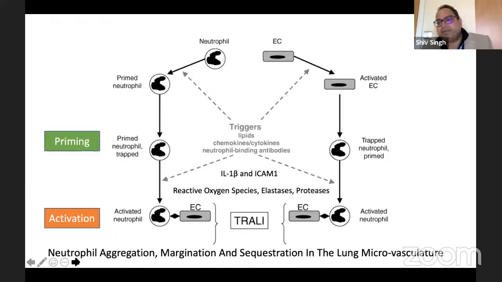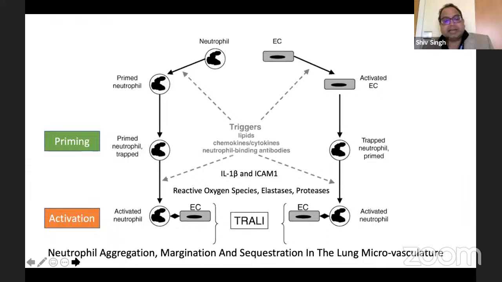But if you have to define it in very simple terms, there is priming followed by activation of the neutrophils. There can be direct activation of the endothelium as well by the antibodies present in the blood products. So I think these 2-3 words you actually have to use in your answers. There is priming of the neutrophils or monocytes. Monocytes can also be activated or primed.